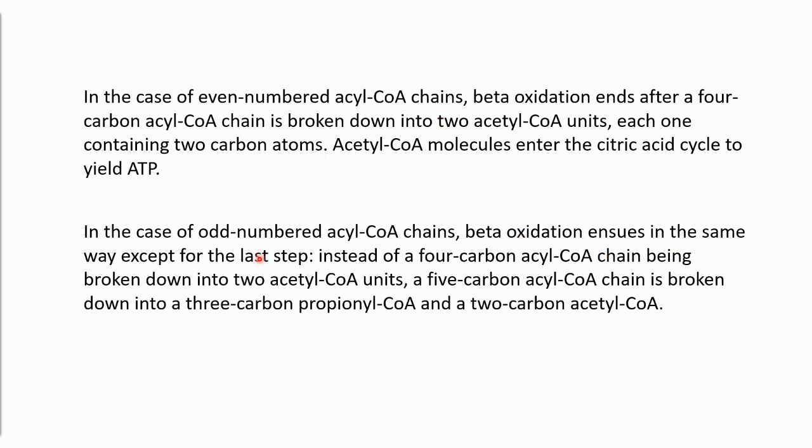However, if you have an odd number of acyl coenzyme A chain, or odd-numbered fatty acids, it will still continue, but you're not going to have all as acetyl coenzyme A. You will end up having a three-carbon propionyl coenzyme A, and the rest are acetyl coenzyme A. Of course, when odd, one becomes three, the rest are twos.